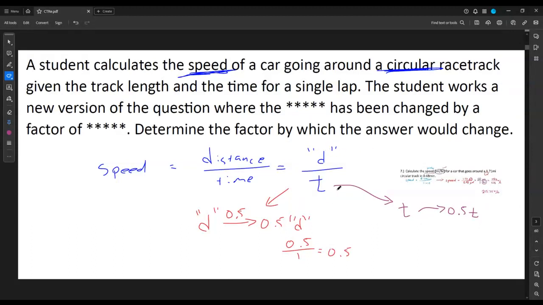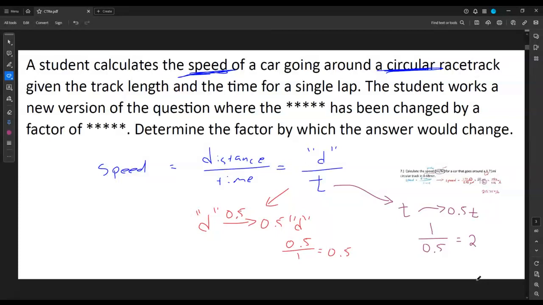So it's not going to affect the new answer. And what would happen then is I could take 1 divided by the ratio of the time. So just that factor that was introduced in the question, I would have 0.5. So I would actually end up with the reciprocal of this number. So 1 divided by 0.5 is 2.